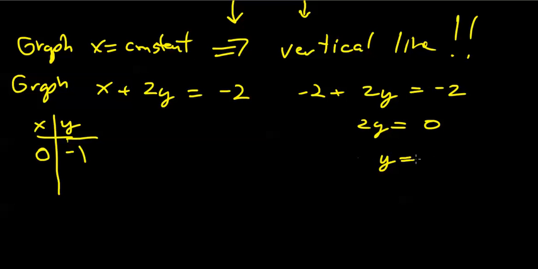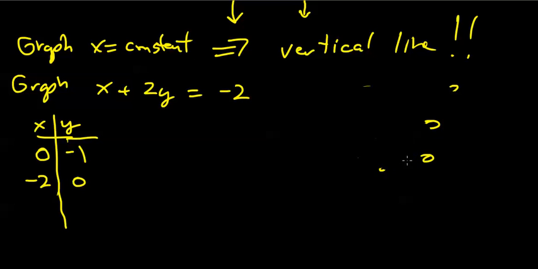And if 2y equals 0, that of course means y equals 0. So when x is -2, y equals 0. Of course, if you can do this work in your head, so much the better. Let me erase this side work because I want to leave room for the graph.